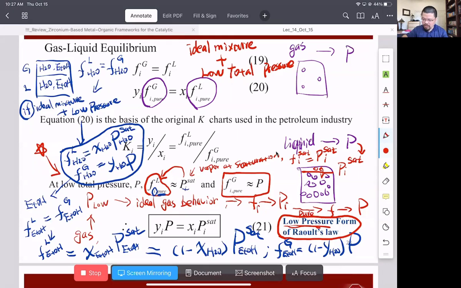So this is why we are interested in discussing those simplified cases with the requirements. Here is ideal mixture. And here we are having one layer of requirement saying it's not only ideal mixture, but also we need to satisfy this low total pressure assumption. And if this is the case, then the final equation is quite easy to understand.